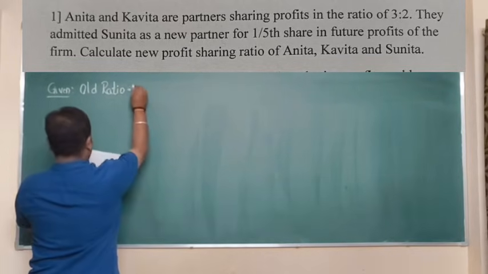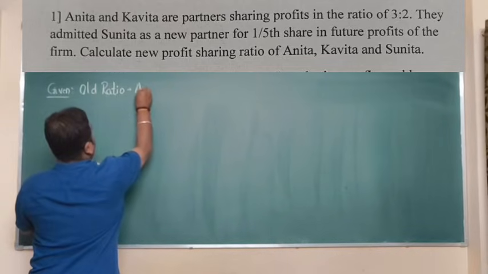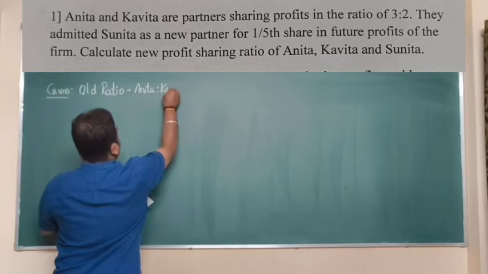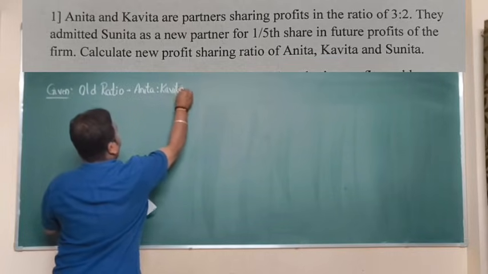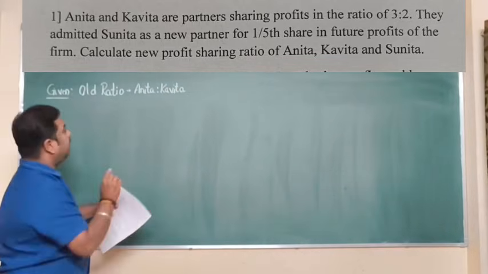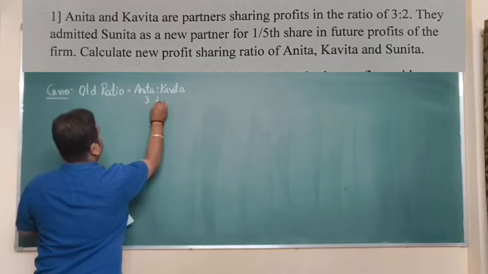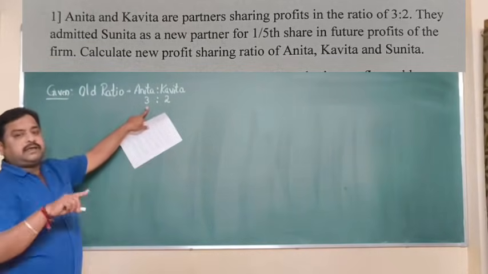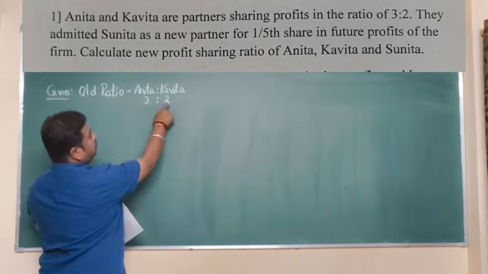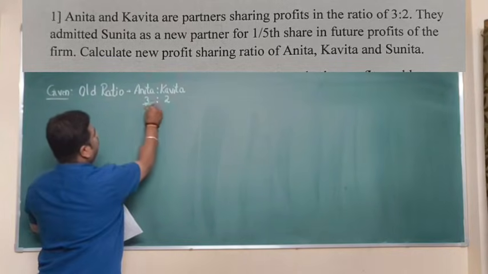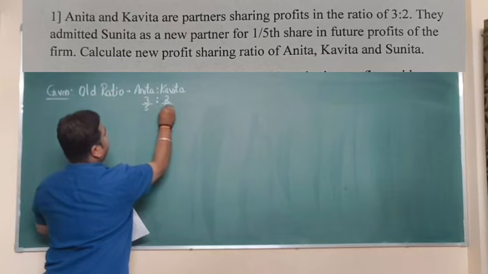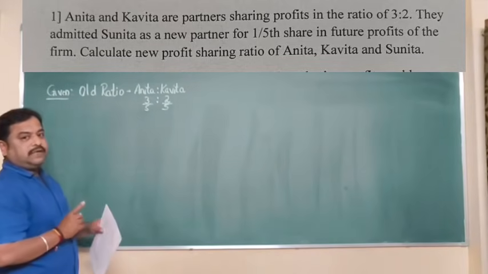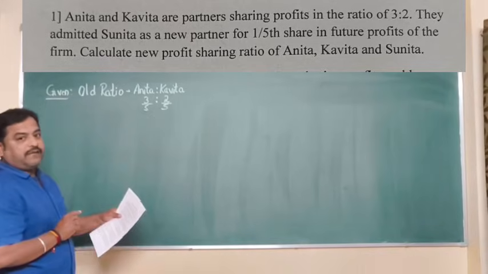It is Anita is to Kavita, 3:2. Now when we say this is in the ratio, we can express this in fraction. So 3:2 means 3 plus 2, 5. So we can also write it as 3/5 and 2/5. So the old ratio of Anita and Kavita is 3:2, that is 3/5 and 2/5.